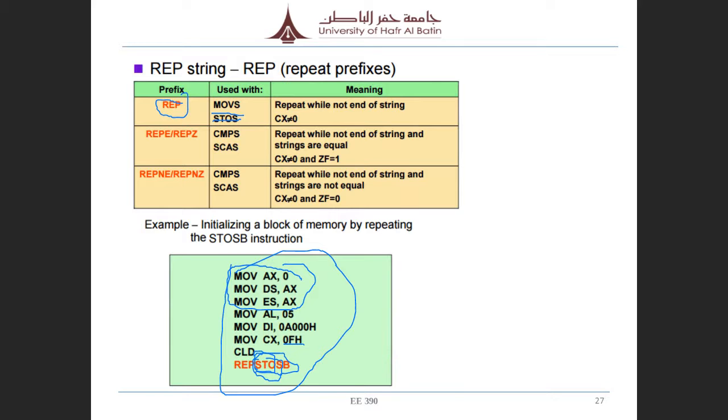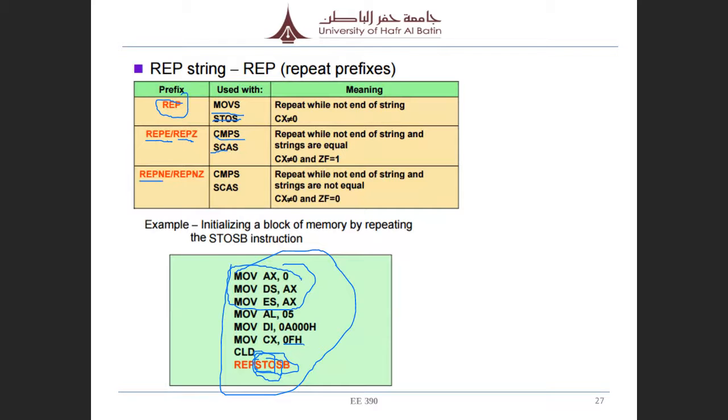We can also use repeat equal or repeat zero with compare, because during a compare we check whether values are equal or not equal. So repeat until they are equal, or repeat until the difference is not zero.